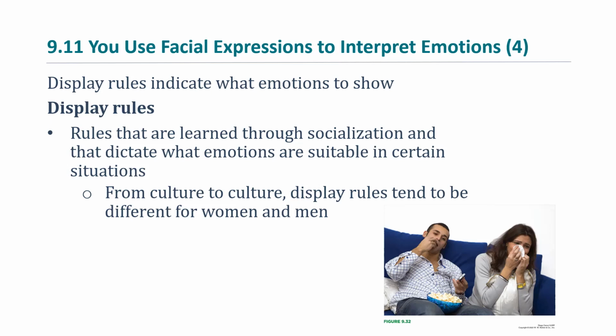When should you show certain emotions? When shouldn't you? One example from your textbook is that Japanese people are less likely than people in North America to display anger or disgust when others are observing them. Those are emotions that they would tend to show in private, if they're going to show them. So they're more reserved. They hold in displays of anger or disgust and keep it to themselves.